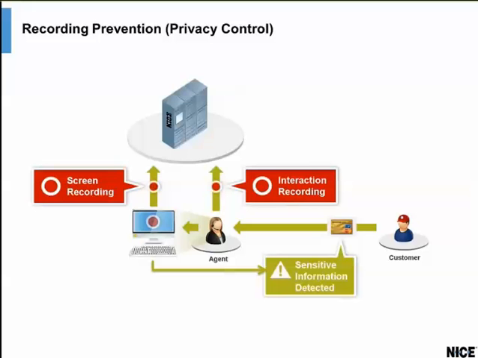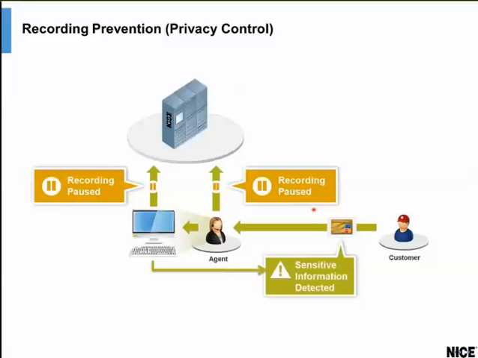And when the agent gets to the point where they're going to ask for sensitive information, whether this is an account number or a social security number, anything along those lines, when they perform an action on their desktop to indicate that they are about to receive sensitive information, then that real-time client is going to send that pause command up to the NICE system through the ITI Connect server, and then the recording will be paused, both the screen and the voice.